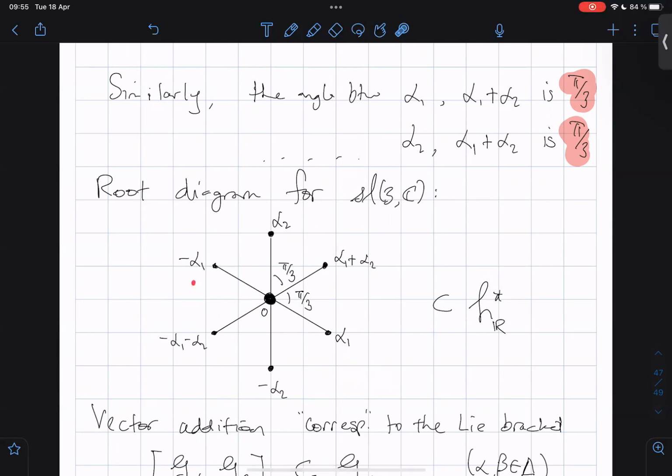You have E21 over here. You bracket them together, you get the diagonal element 1, -1, and then 0. So that's an SL2 triple. But it's predicted because you have this string of 3 dots.